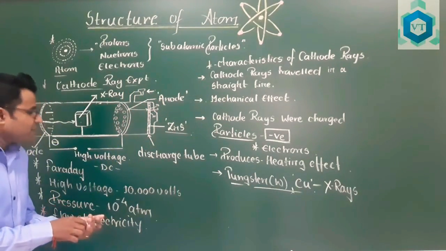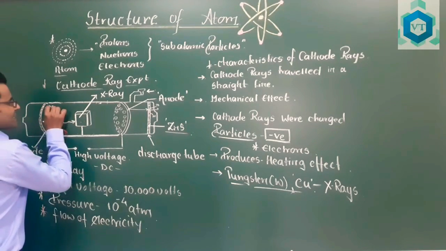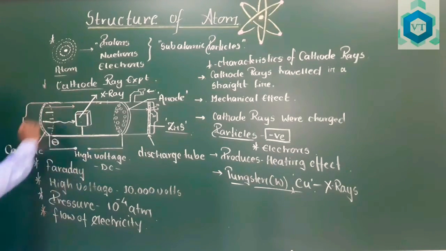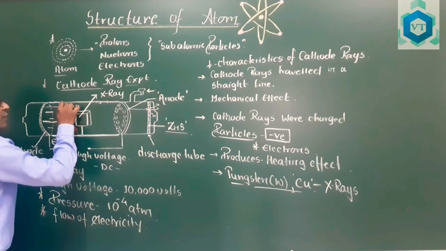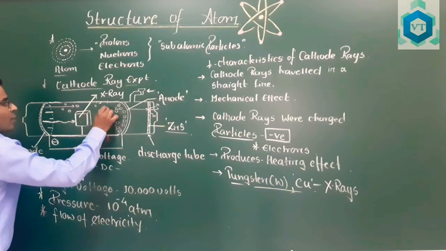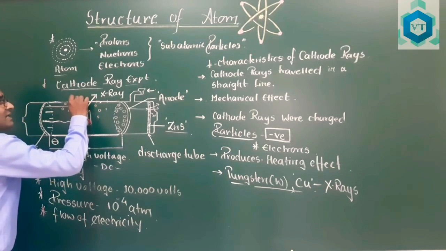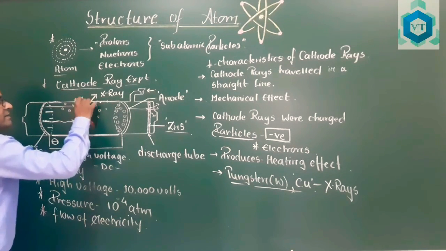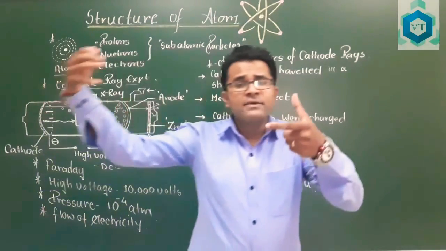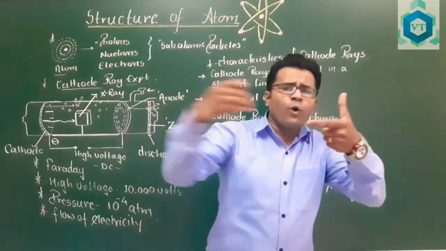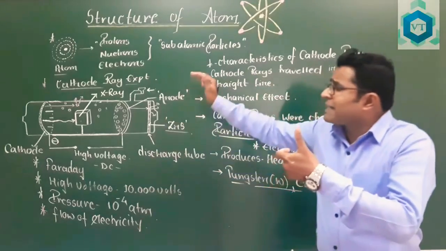The next important point, which we have already discussed, is that whenever these cathode rays are moving in a forward direction, and there are gases in their path, these gases start to emit radiation because of ionization. That is, whenever the cathode rays collide with a gaseous molecule, the gaseous molecules were getting ionized.